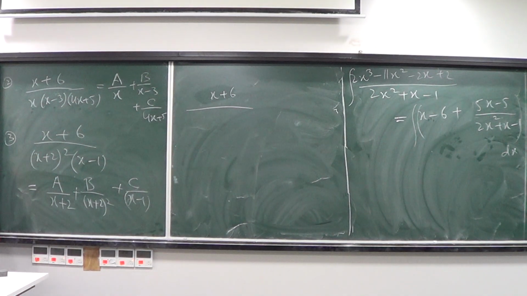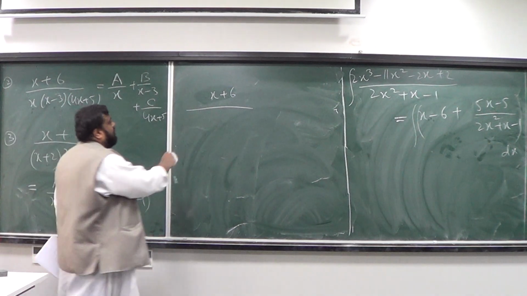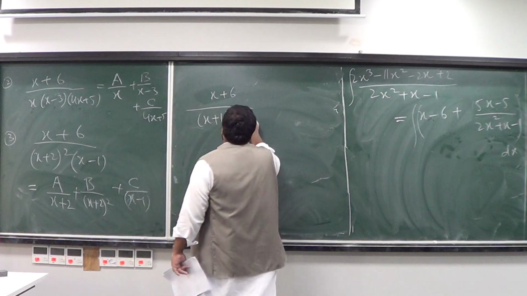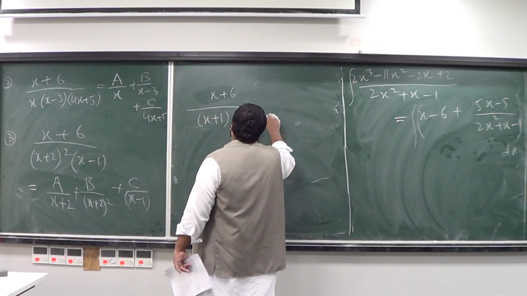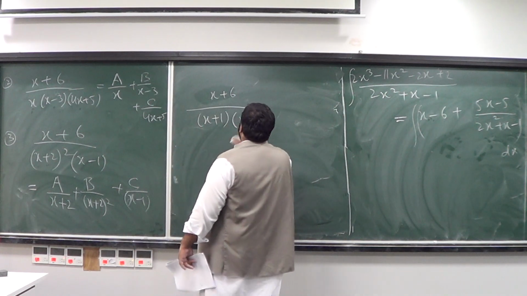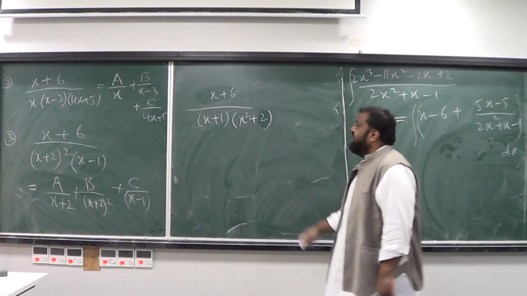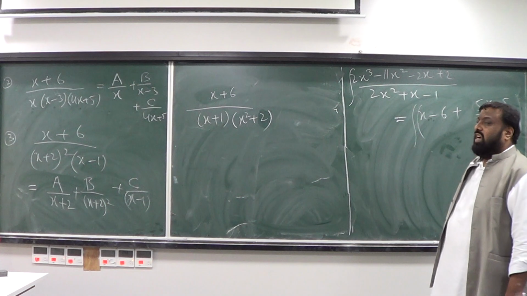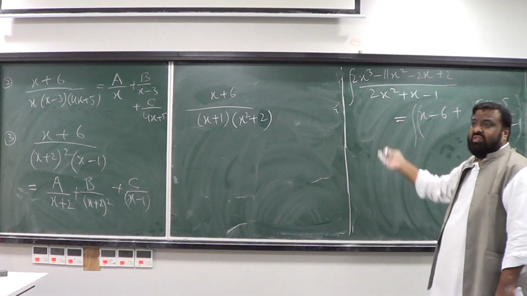How about now you have this? You have one term like x plus 1 and another term like x square plus 2x, or maybe x square plus 2. So one factor is linear and another is quadratic. Or it could be of higher degree than quadratic as well.